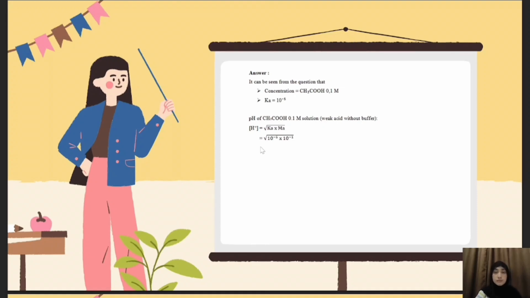Next, the square root of 10 to the power of minus 5 times 10 to the power of minus 1, the square root of 10 to the power of minus 6, and the result is 10 to the power of minus 3. For pH, pH is minus log 10 to the power of minus 3, and the result is 3.